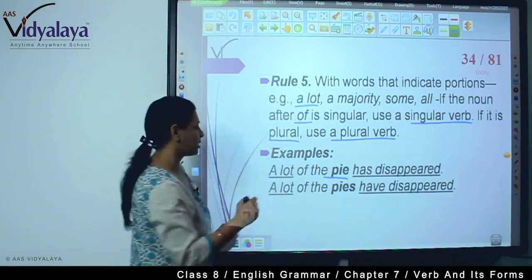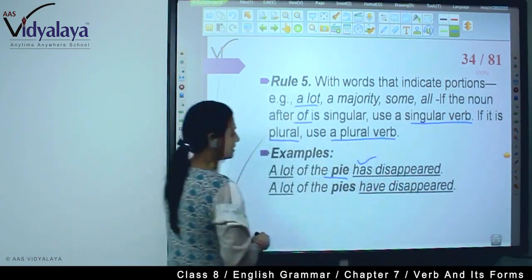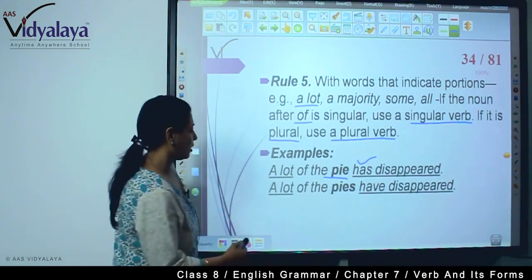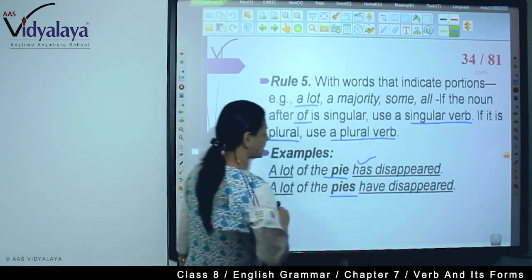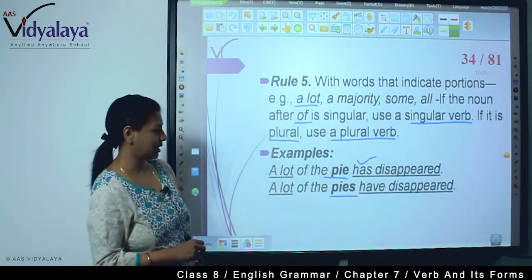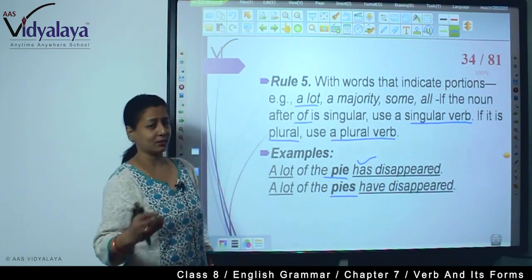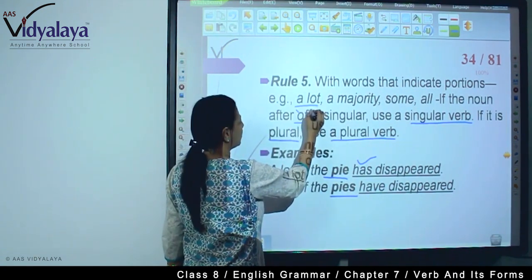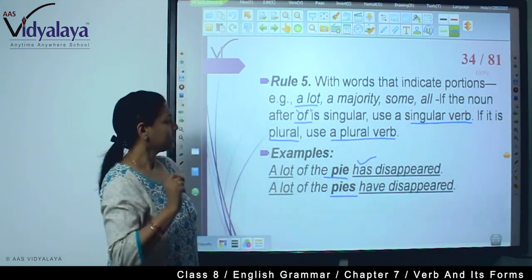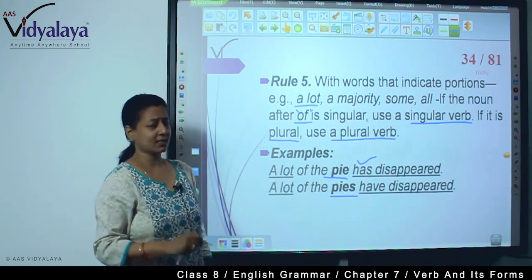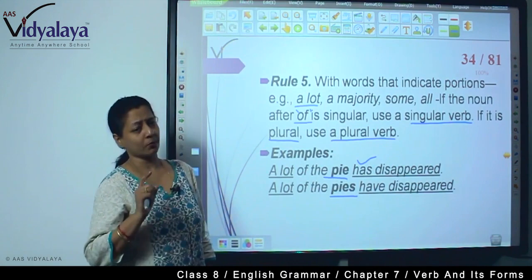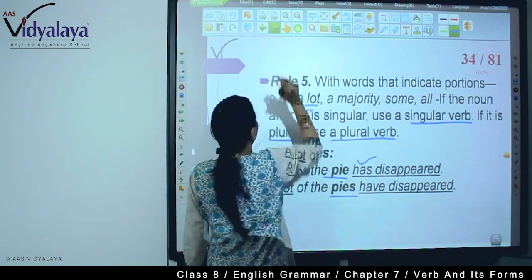Pie is singular here, so the verb is "has." "A lot of the pie had disappeared." Now next, "a lot of the pies." Here you are seeing the noun is plural: "have disappeared." If the noun is singular, you will have to put a singular verb. If it is plural, you have to put a plural verb.